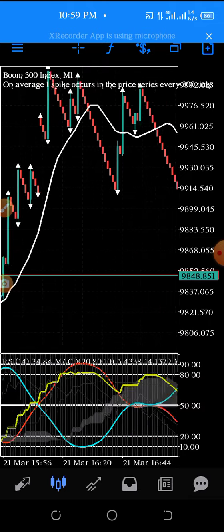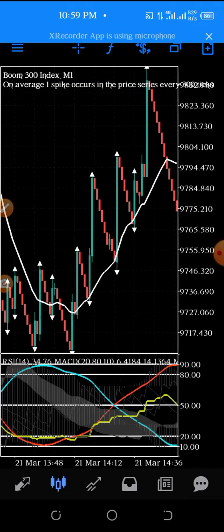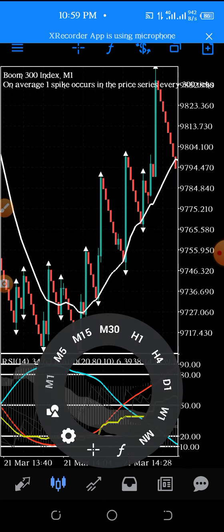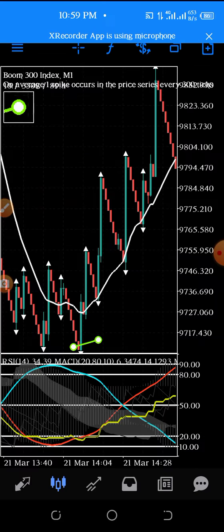You can see this one again. You can draw your trend line like this. Come here, put it here, and go up straight. You see how many entered now? 1, 2, 3 entered. So this is how you make your profit.